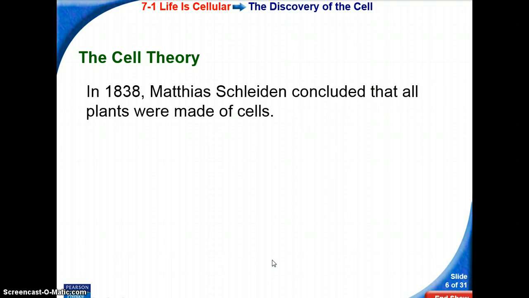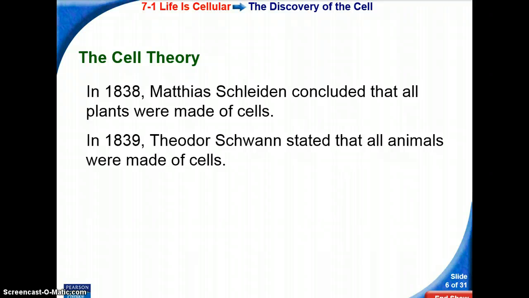So then in 1838, another scientist named Matthias Schleiden concluded that all plants were made of cells, not just the corks that Robert Hooke was looking at. The next year, in 1839, Theodor Schwann stated that all animals were made of cells, not just plants, but animals too.